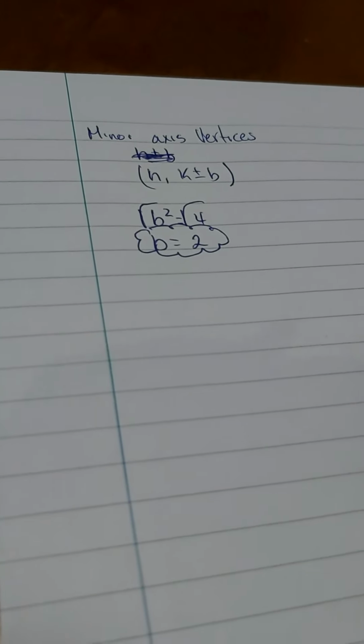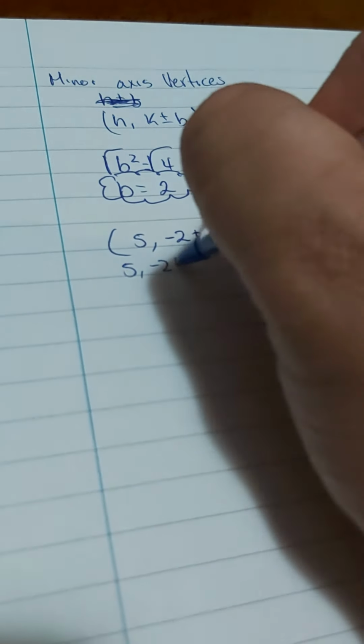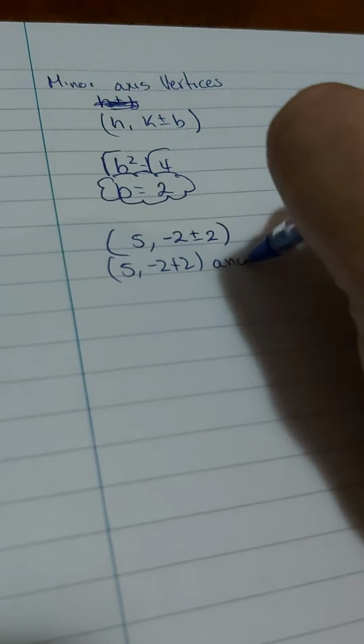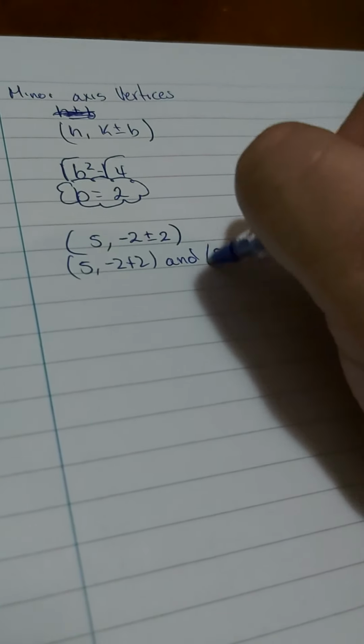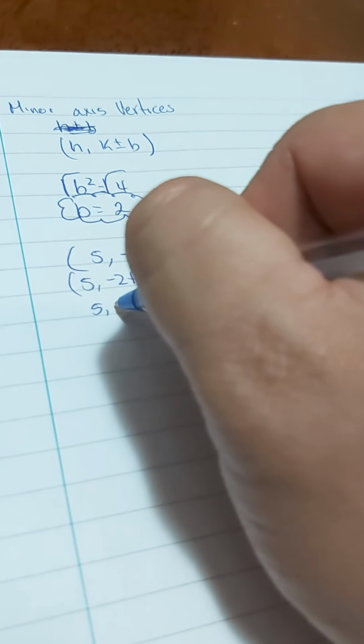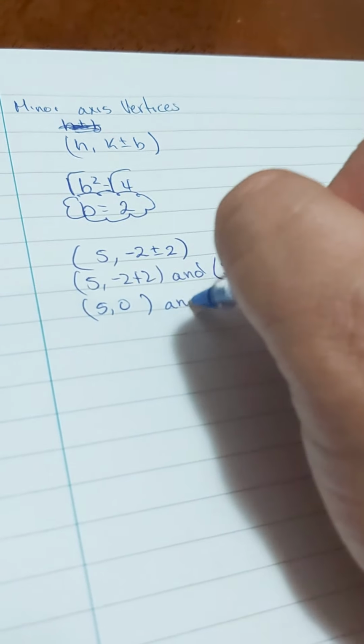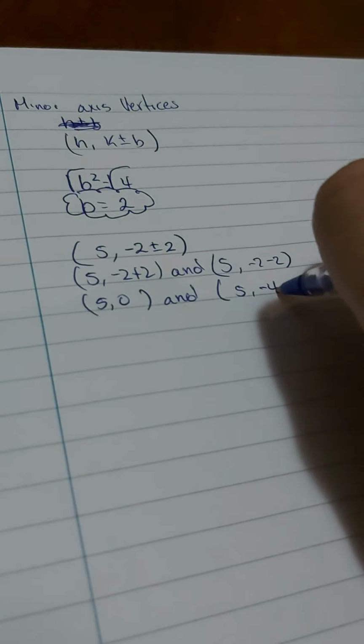Okay? So h 5, comma, k negative 2 plus minus 2. So that means 5, comma, negative 2 plus 2 and 5, comma, negative 2 minus 2. We simplify: 5, comma, 0 and 5, comma, negative 4. Now we have all the information.